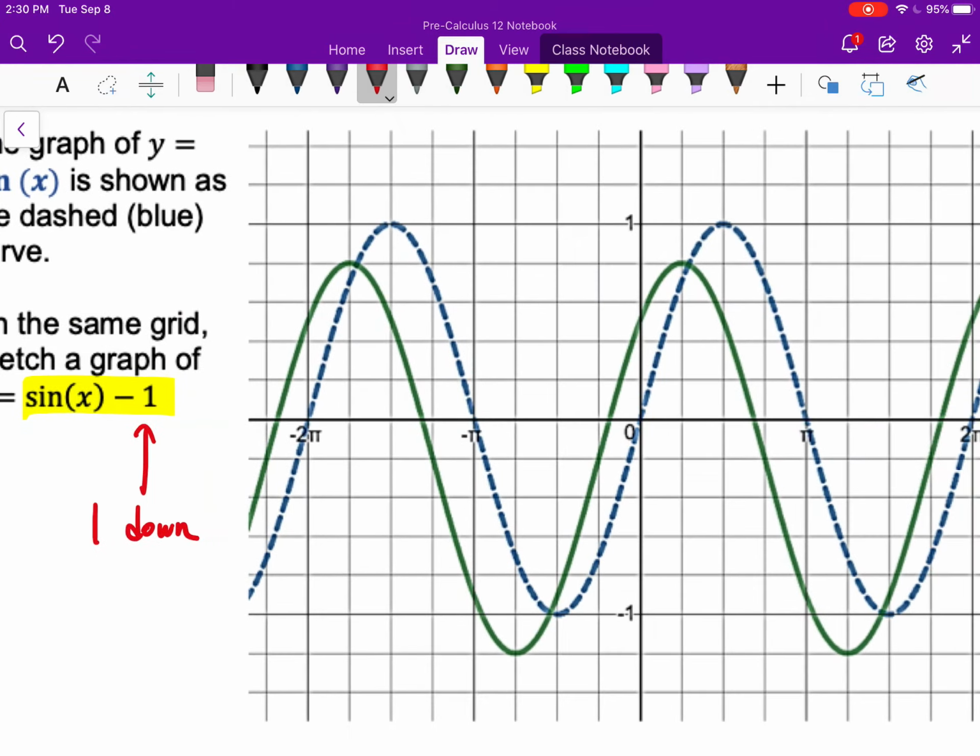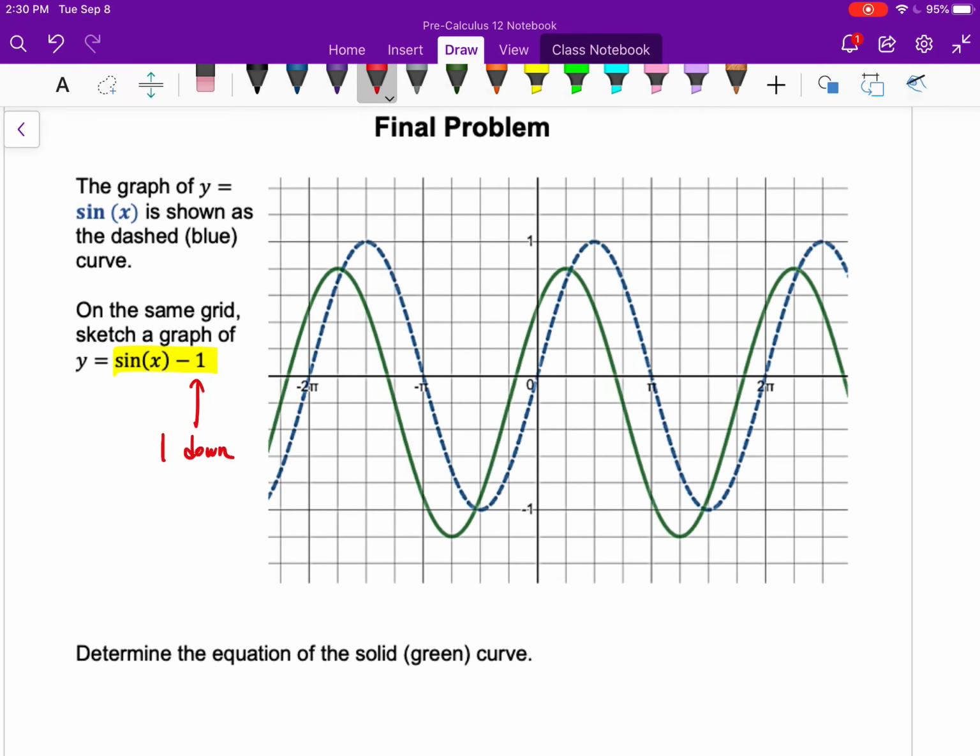So I'm going to draw that, but I'm going to make a mistake. If you visualize this now, the sine of x, maybe I'll highlight this one in yellow, the sine of x is right here. I want to visualize this wave, which again, we'll understand later on in the course why it looks the way it does, translated 1 unit down.